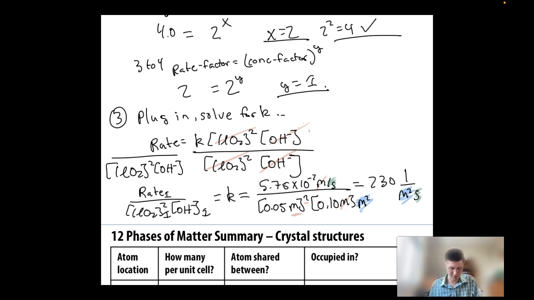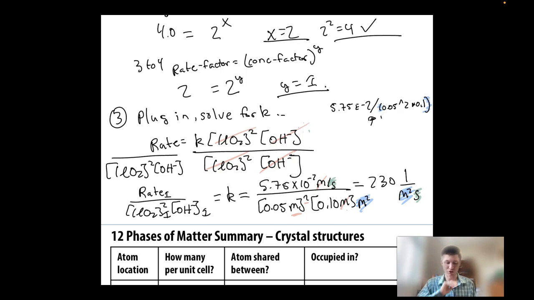Again, this molar canceled with that molar, so that gave us our final unit on the rate constant k. In terms of what that looks like on your calculator, something like this will work. Again, we need a parentheses here to force both 0.05 and 0.1 to be in the denominator there.